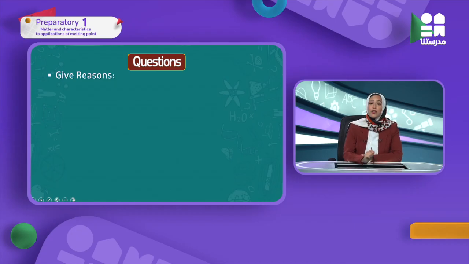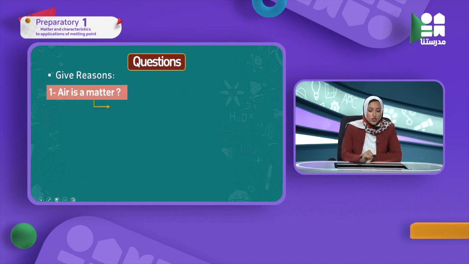First, give reason questions. Let's look. The first question asks you to give reason why air is a matter. If we remember, we said before that matter is anything that has mass and volume.